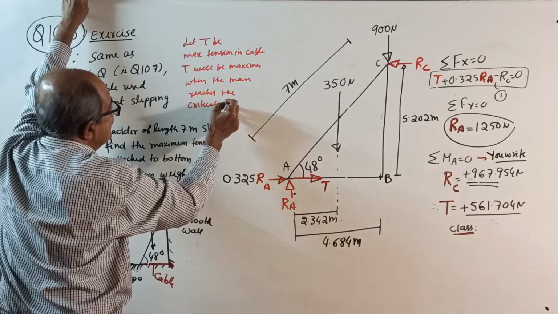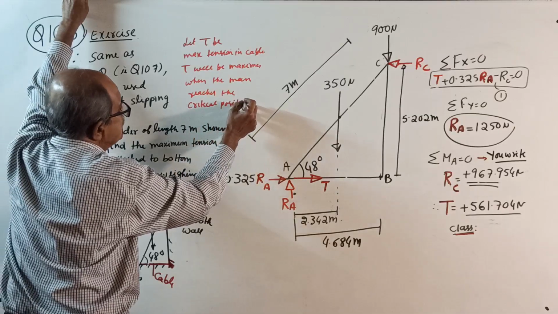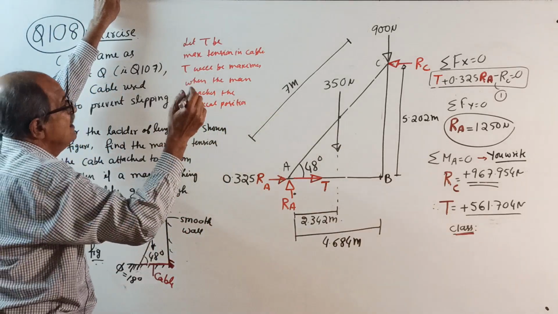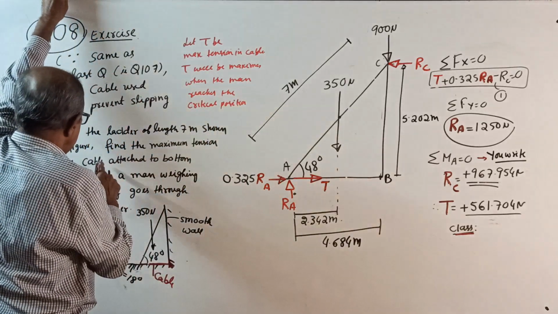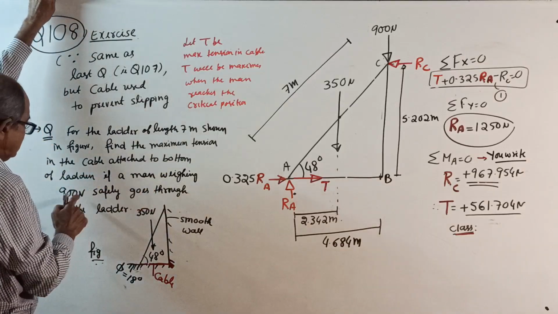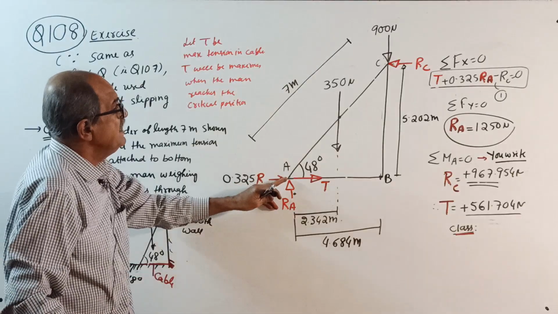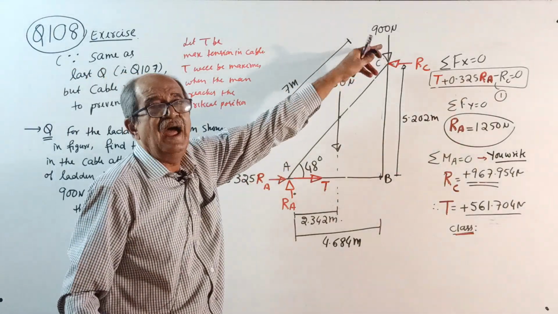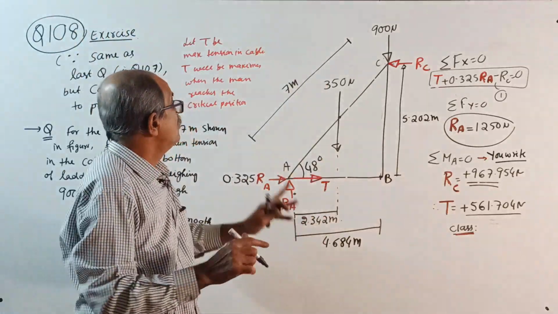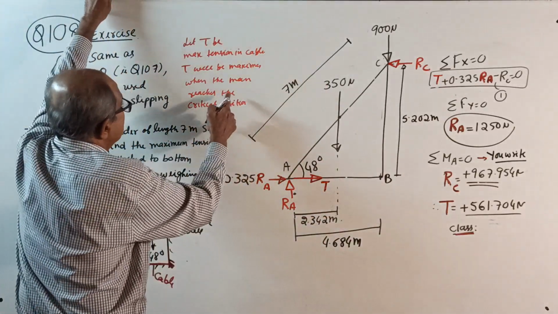When somebody is ascending the ladder, and the man weighing 900 Newton safely goes through the ladder, he will start ascending from here and go up to there, and then he will leave the ladder. So the worst case is what? This is the critical position.